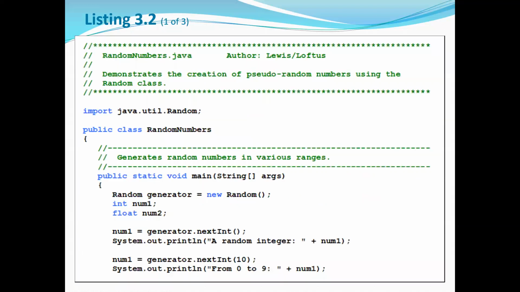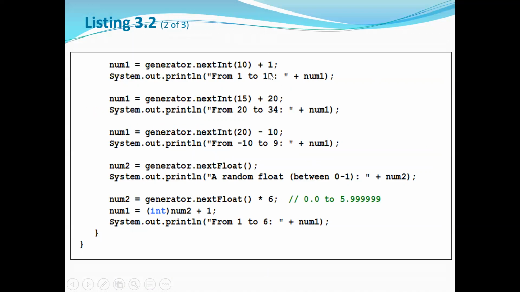Let's go back. generator.nextInt(10) generates any number between 0 and 9. So if we say plus 1, instead of starting from 0, we start from 1, and instead of ending at 9, we end at 10. The same thing here: nextInt(15) + 20 means we are going to generate any number from 20 to 34.